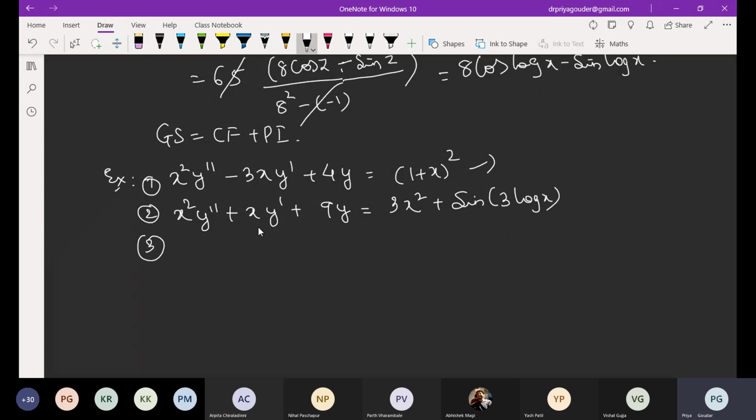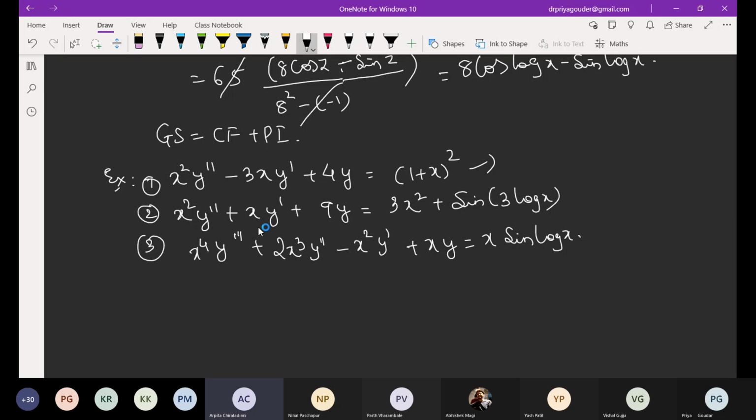Okay, write one more. x raised to 4 y triple dash plus 2x cube y double dash minus x square y dash plus xy is equal to x sine of log x. Tell me what has to be done for this. Is it Cauchy's? No, ma'am.